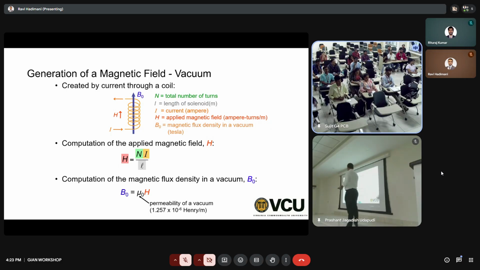But if you apply a magnetic field to a magnetic material, which is ferromagnetic or paramagnetic or ferrimagnetic or diamagnetic, these are different types of materials which we'll cover, then the B, which is like the current, right?